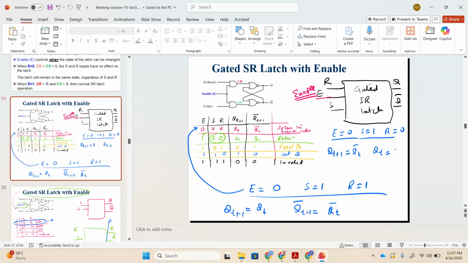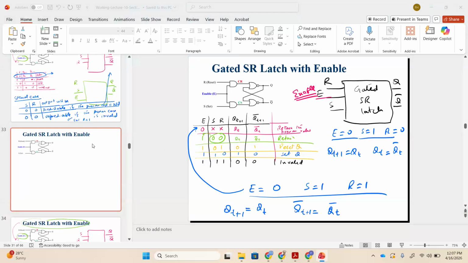Yes. Actually I can remove the bar here. Sorry, this bar is a mistake. Clear? Any question?